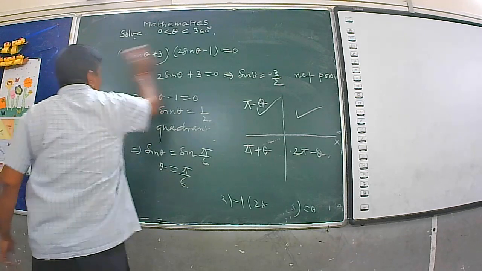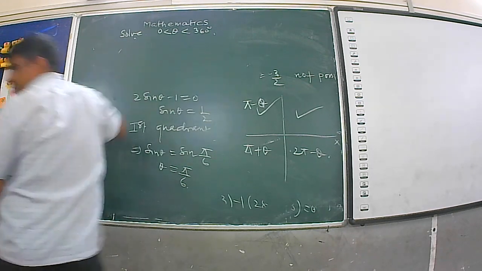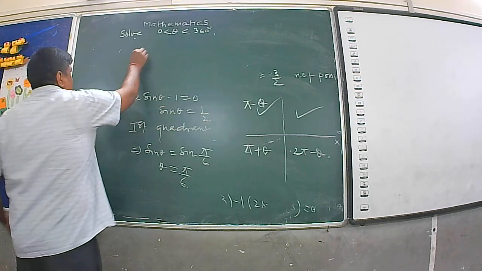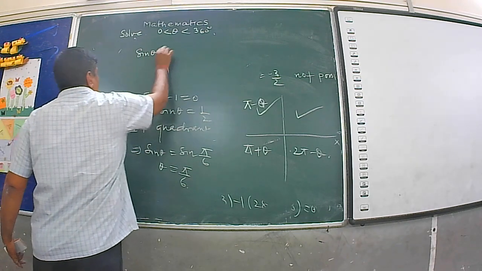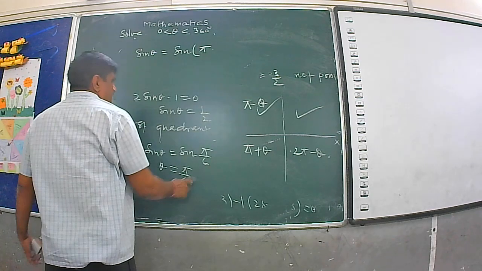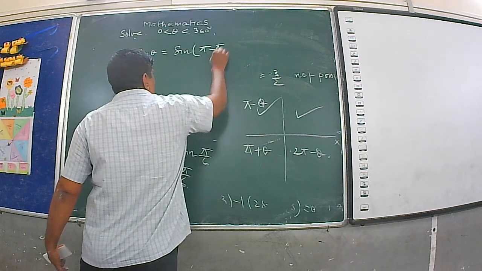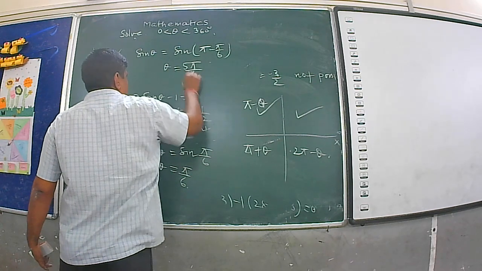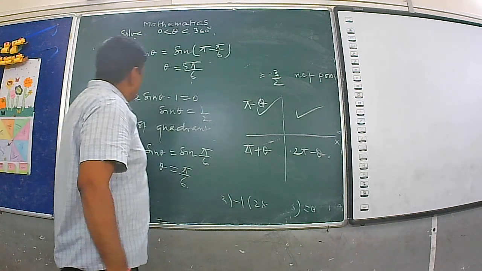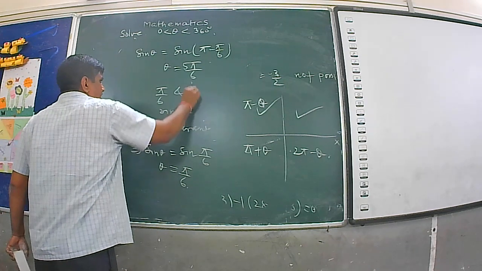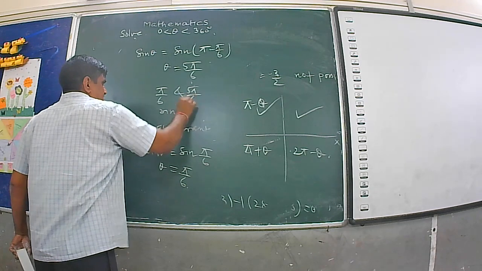For the second quadrant, sin theta is equal to sin of pi minus theta. Theta is pi by 6. And theta is equal to 5 pi by 6. The answer will be pi by 6 and 5 pi by 6.